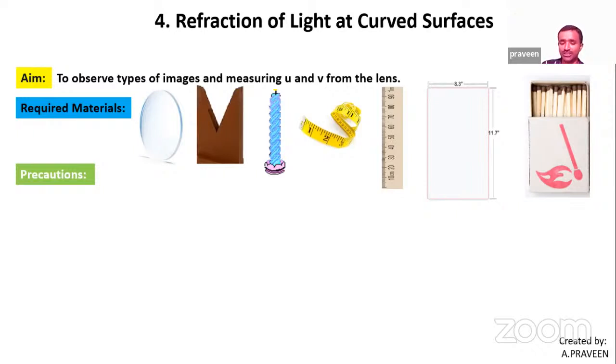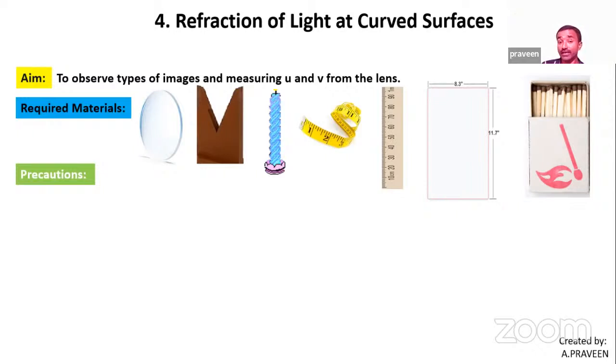If it is a real image, that image will be observed on the screen. So move or place the screen exactly at the sharp image. Adjust it so that you get the image. That is the precaution here.